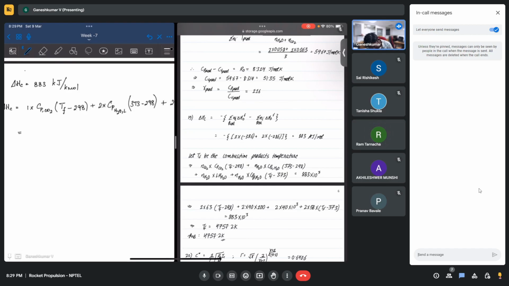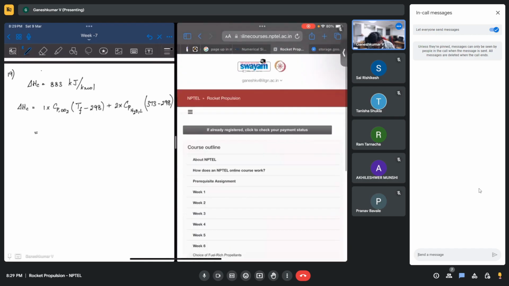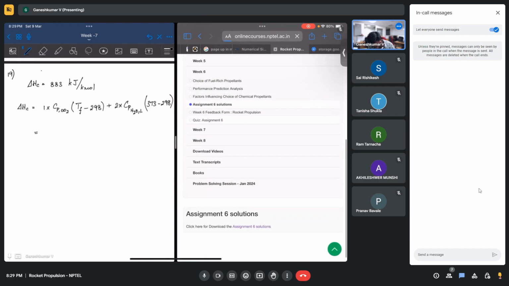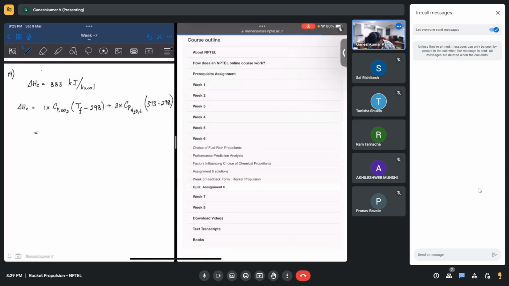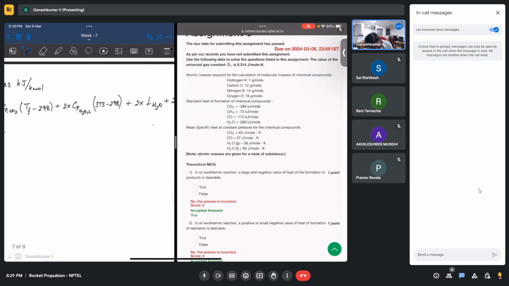Okay, now Cp of CO2 is provided. Cp of CO2 is 63. All these are in terms of moles, so we can go ahead. So 63 plus 2 times Cp of H2O, which is 58.